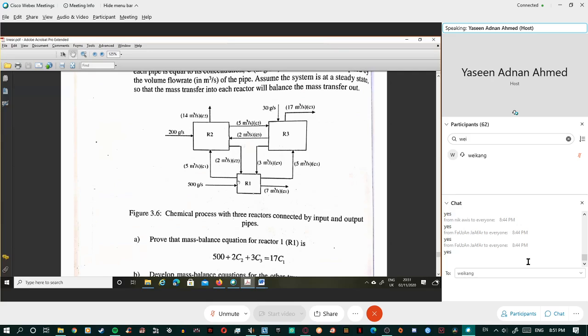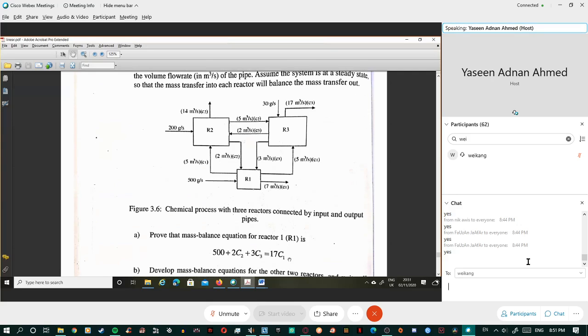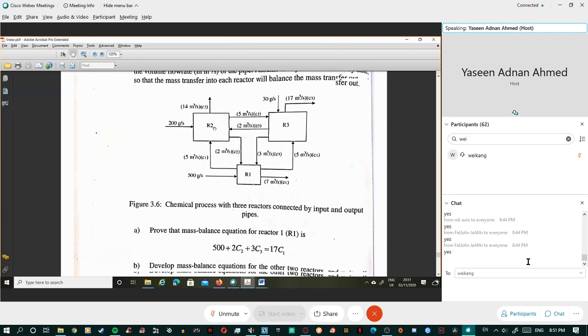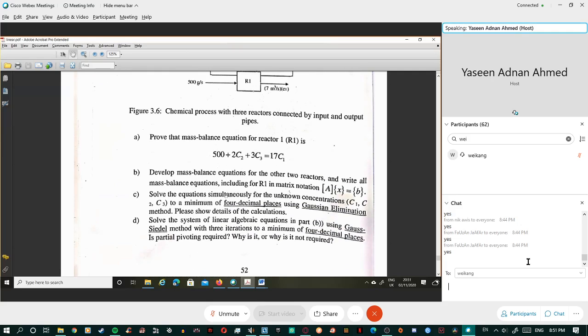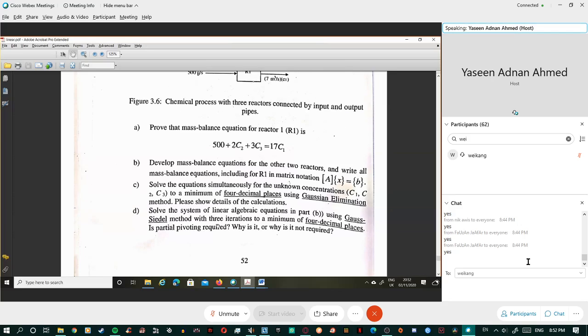So we have 500 and 2 C2 input, 3 C3 input, and outgoing is 7, 5, and also 5, so 17. That's how you can also write the equation for R3 and R2. Not that difficult, okay? Then you have 3 equations, 3 unknowns, then satisfy it. They ask you to use the Gauss-Seidel iterations, sometimes the Gauss elimination. As you see, one is an elimination method, one is an iteration method, and you have to compare.